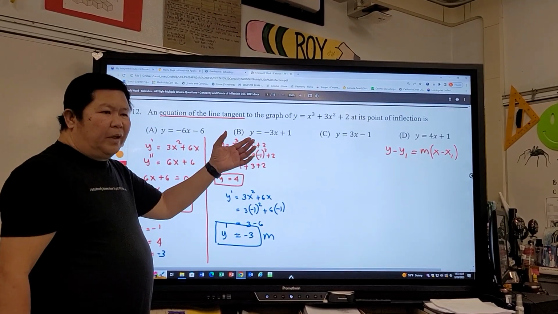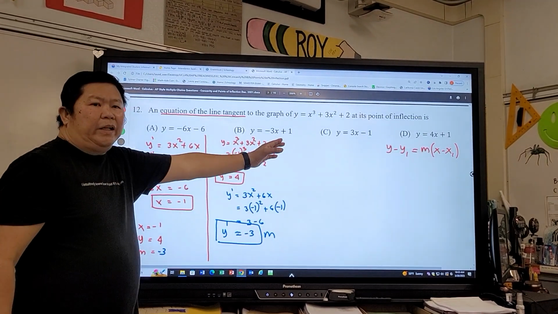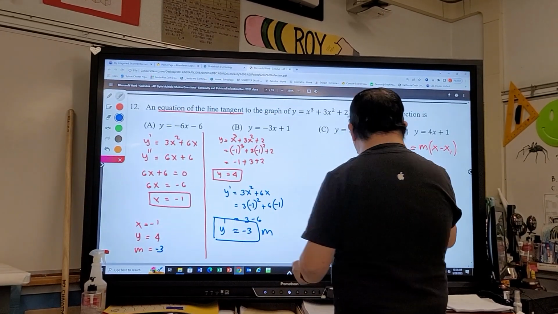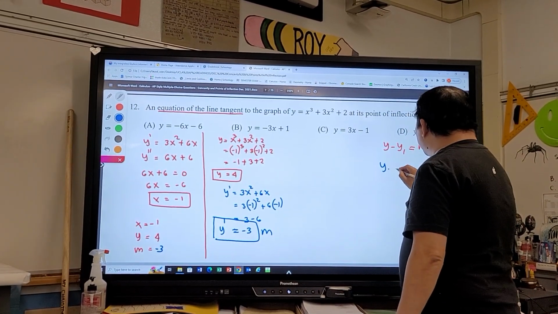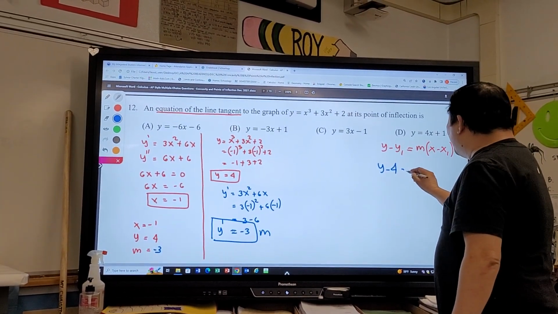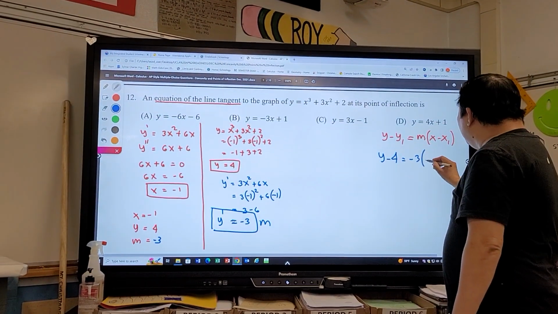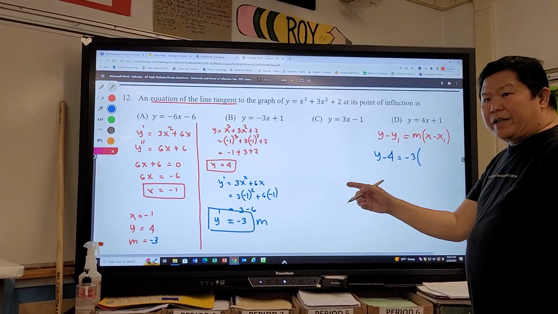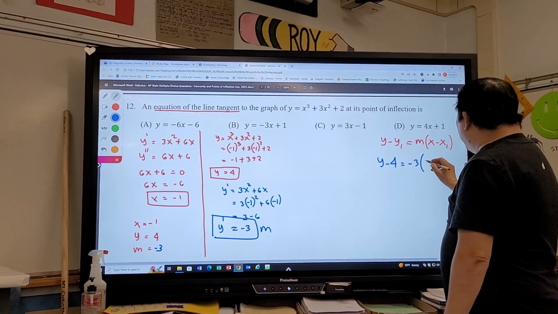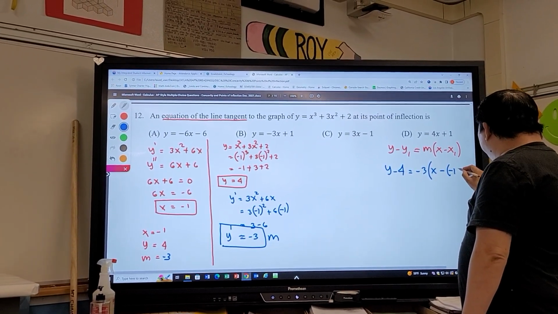Okay. And finally, what we do with this negative 3 is plug it into the point slope form. So, point slope form, y minus our y1, which is 4, is equal to the slope negative 3 times x minus negative 1.